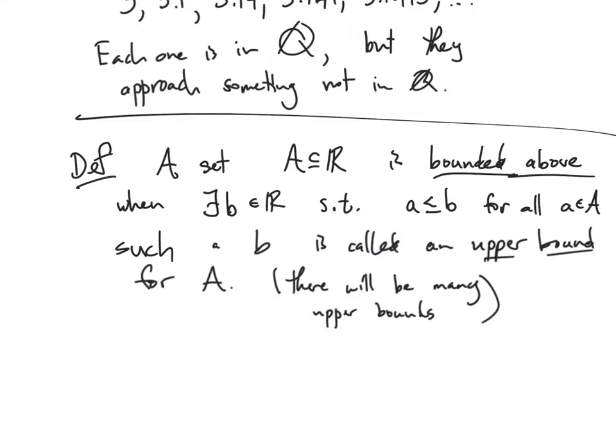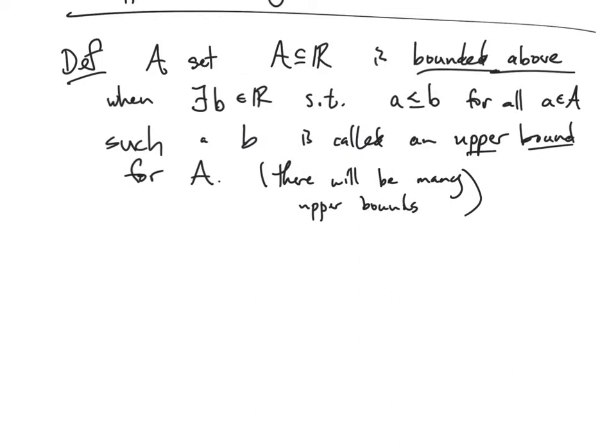All right, and then we also have bounded below. Bounded above means that there's some single number which is bigger than everything in the set. You can also talk about bounded below. This is just what you think it is.